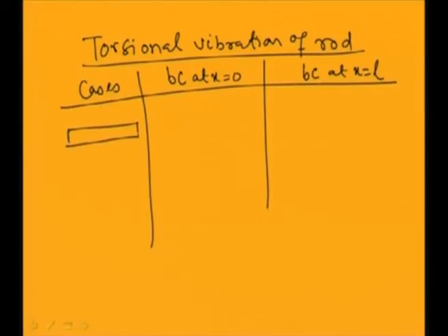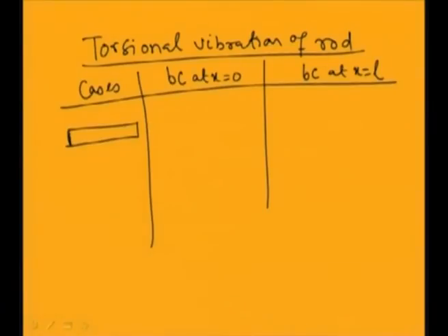In this case the example is the spacecraft or the aeroplane. When it is flying in the air, no end is supported, so it may rotate about its own axis. In that case it can be considered as the rotation of a free rod.